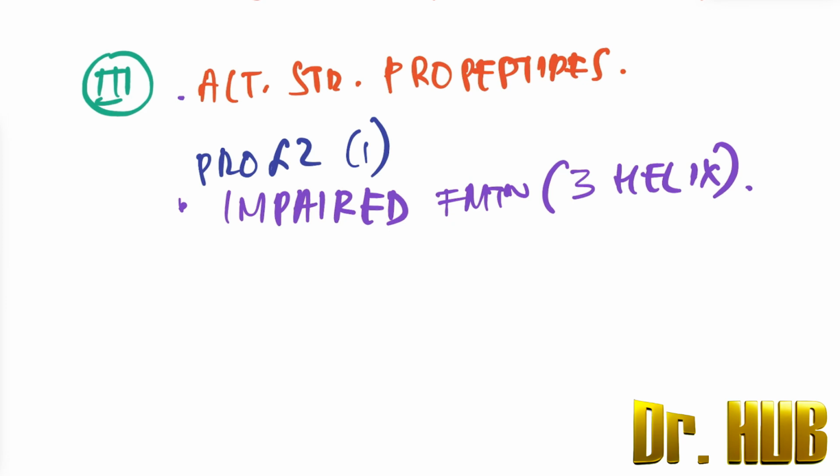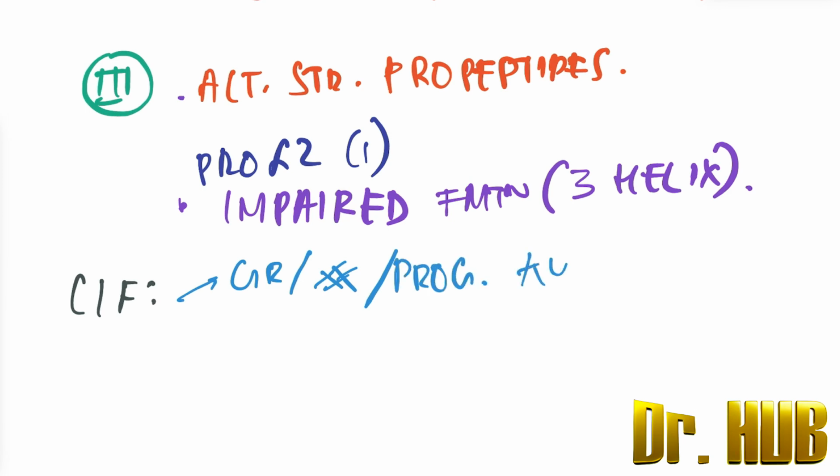How are the clinical features? They include growth retardation, multiple fractures, and progressive kyphoscoliosis.